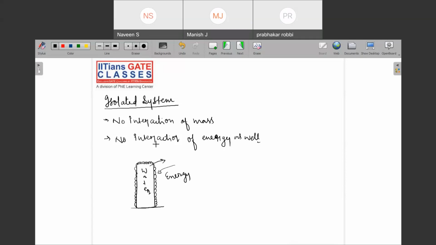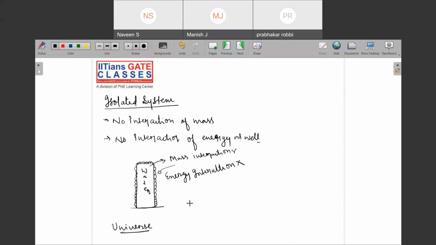Then this is an example of what? Isolated system. Energy interaction is not allowed, and mass interaction also not. And the best example of it is the universe.